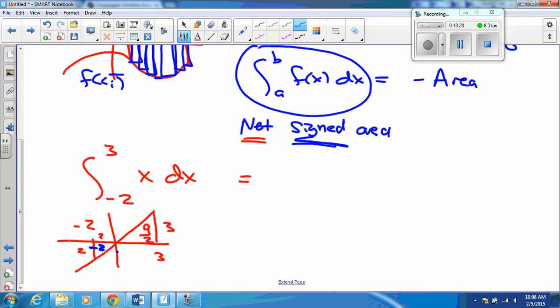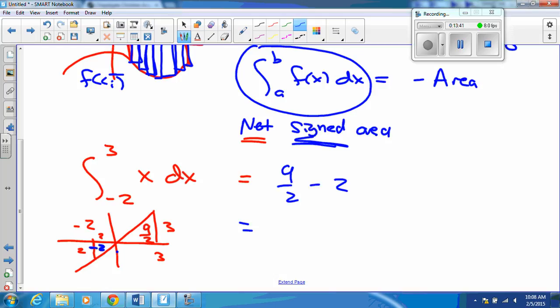By the way, I strongly encourage you to sketch graphs like this and write in the net signed area for each region, because it then makes computations a lot simpler. And so now when I add up here, I'm going to add the 9/2 as a positive, and I'm going to add the 2 as a negative.